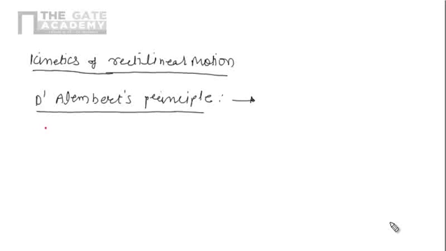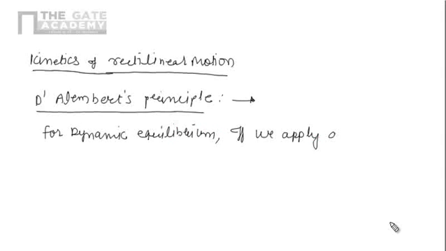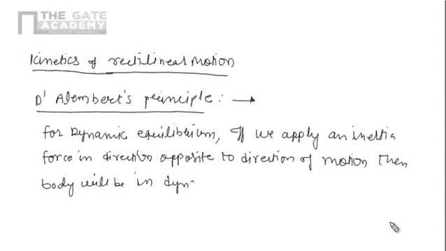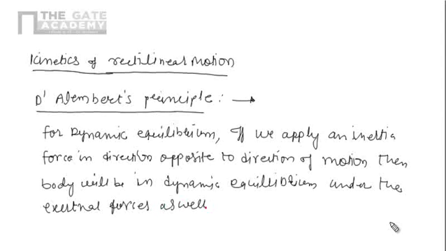According to D'Alembert, for dynamic equilibrium, if we apply an inertia force in the direction opposite to the direction of motion, then the body will be in dynamic equilibrium under the external forces as well as inertia forces.